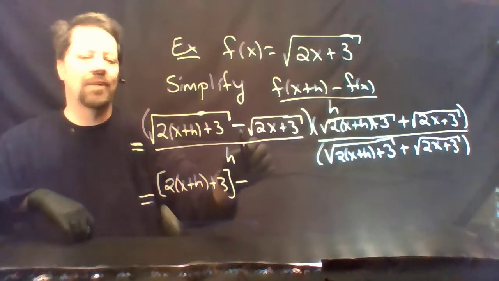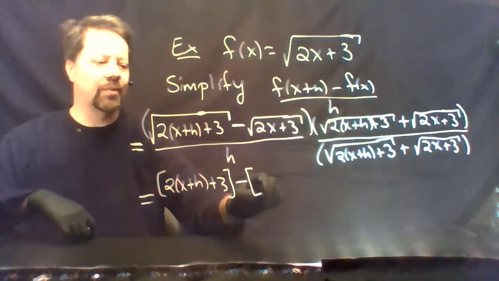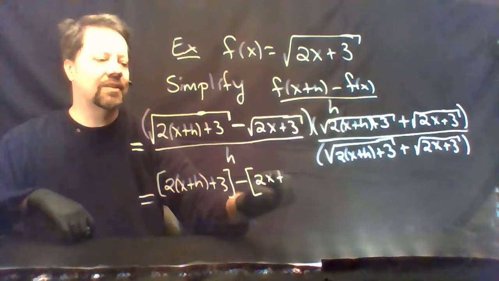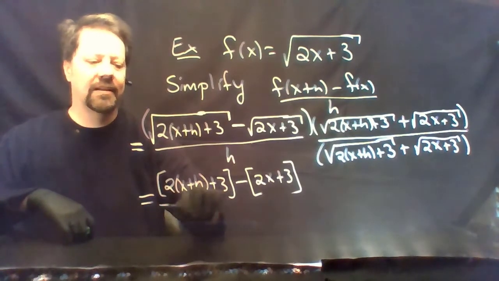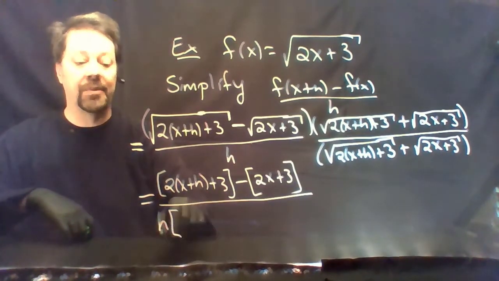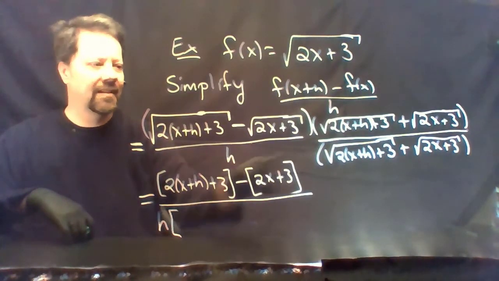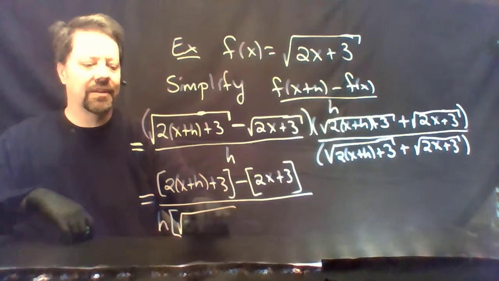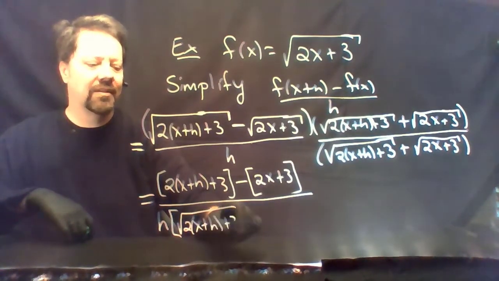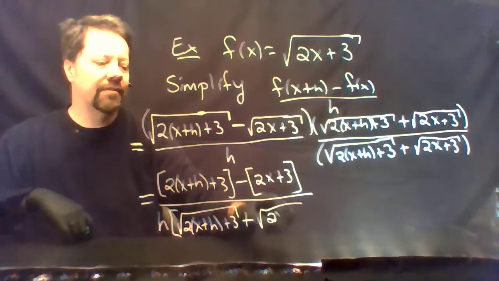The last terms will have a minus, and then the square root goes away, and we have 2x plus 3. Do not simplify the denominator, just leave it. Remember, this h has to cancel, or else we've screwed up. We'll have h times the square root of 2 times the quantity x plus h plus 3 plus the square root of 2x plus 3.